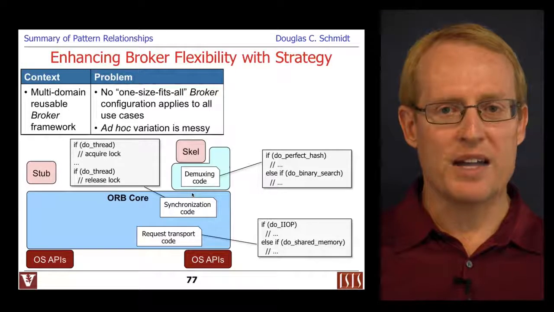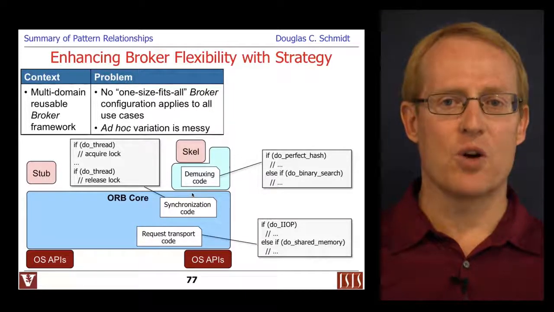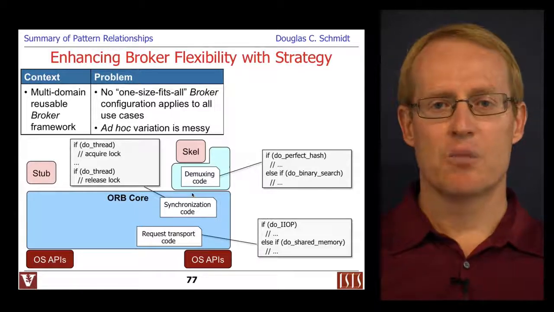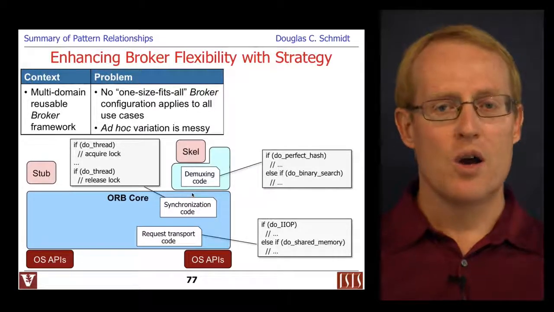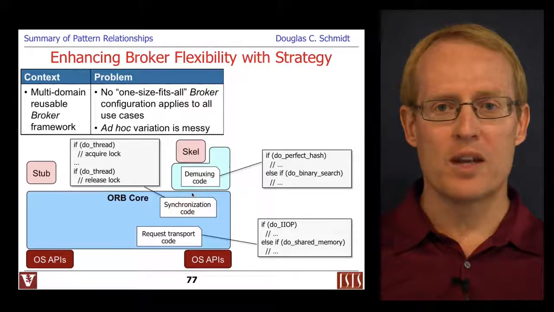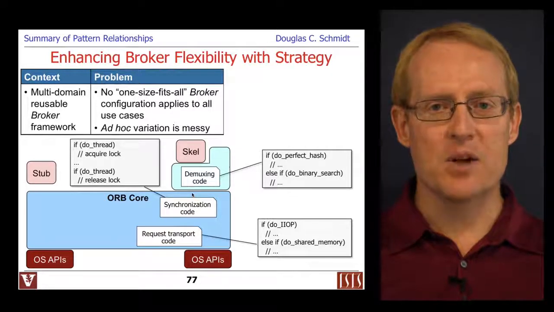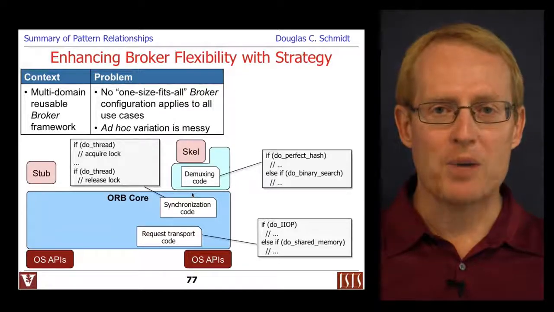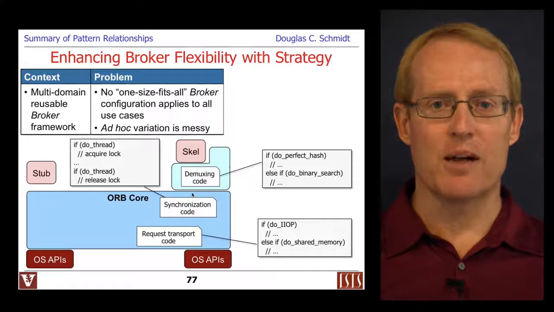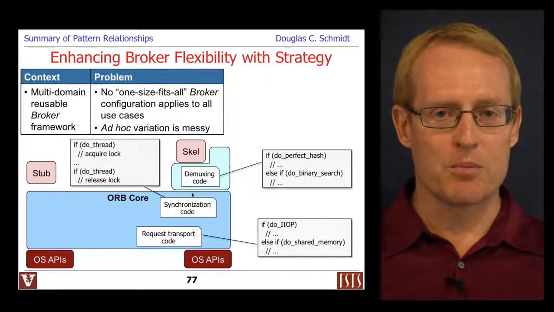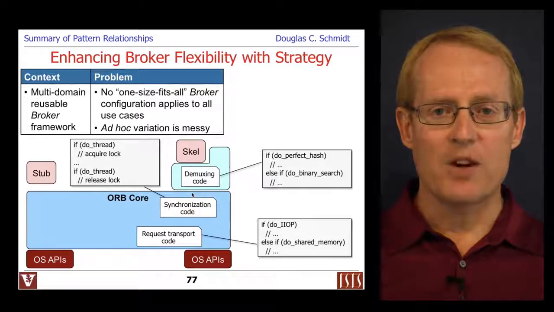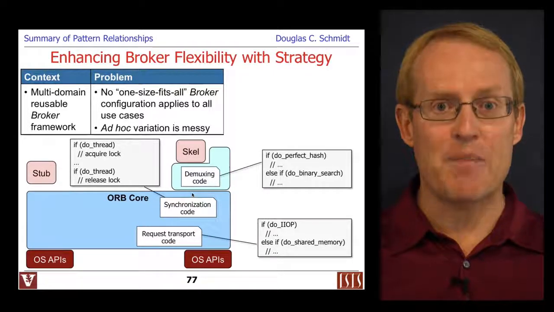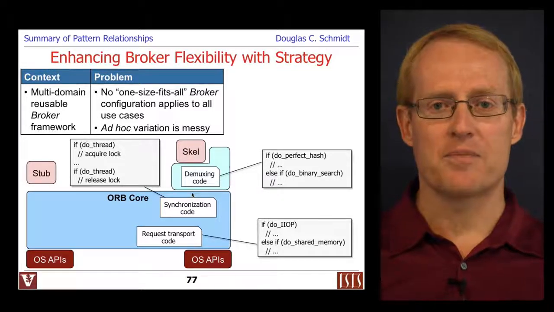For example, if you had different synchronization code or different concurrency models or different demultiplexing approaches or different transport protocols, one way to do this would be to hard code the different alternatives as a sequence of if-else statements throughout the code. But you can imagine how complicated that is to modify and evolve over time, because you've got to change lots of different places, lots of different times. And very quickly, the structural cohesion of the design begins to evaporate in a sea of complexity.